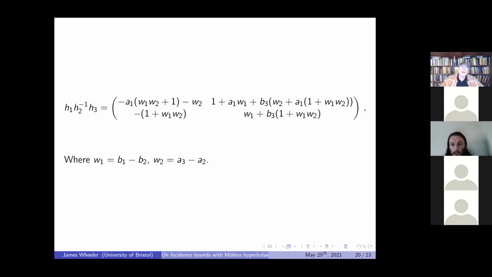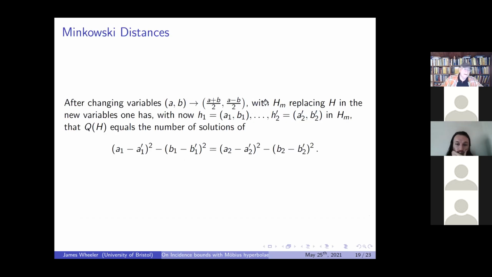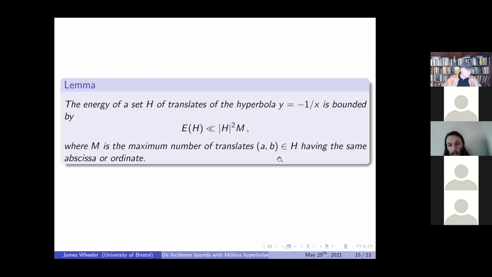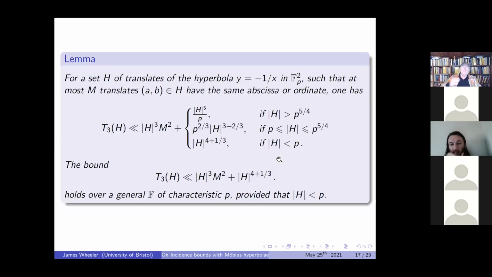having made that comment, having used these Minkowski distances, we've now got the cube we want to bound, the number of solutions of distances, and we can make use of a theorem from Murphy, Petridis, Pham, Rudnev, and Stevens, which gives us this way of bounding our Q. So we plug it in, and we can see that this is where our lemma comes from.